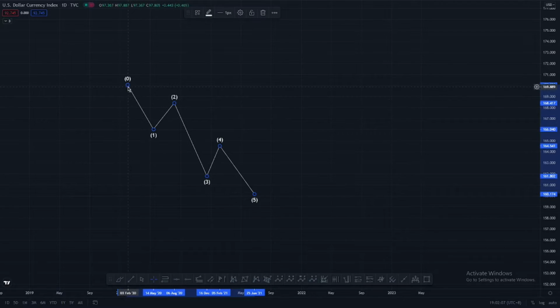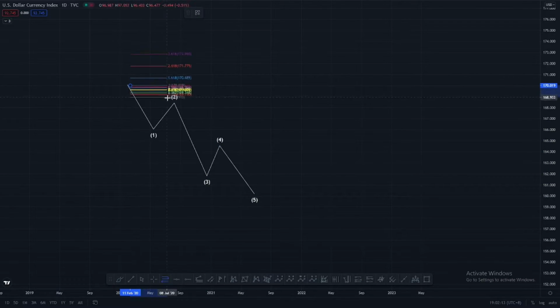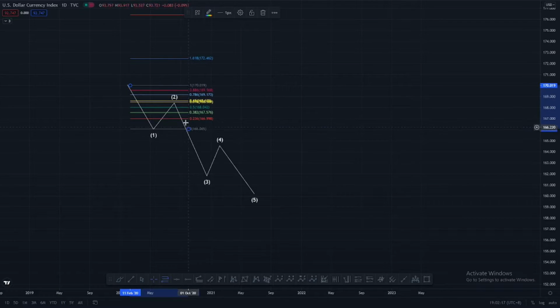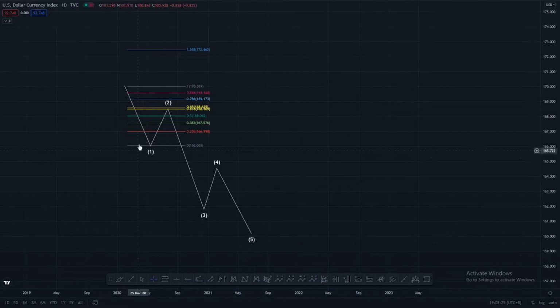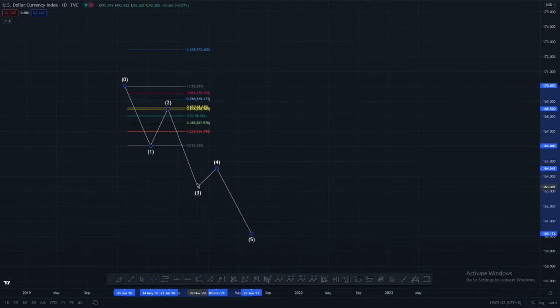When wave 1 is complete, you pull out your Fibonacci tool, then pull it from the start of wave 1 to the bottom of wave 1, and you see that wave 2 is hitting the 0.618 or the golden ratio. So you put up a short in anticipation of wave 3, then you get pretty lucky and prices come down for a wave 3.